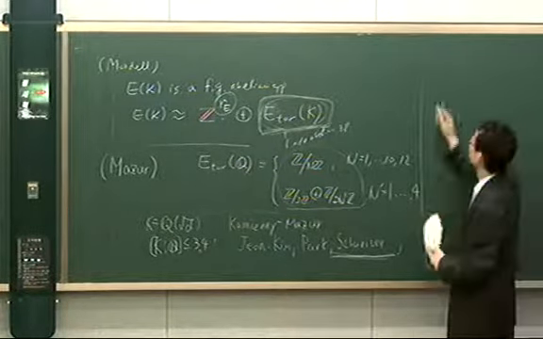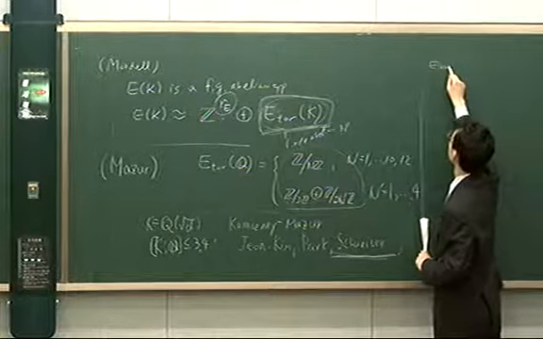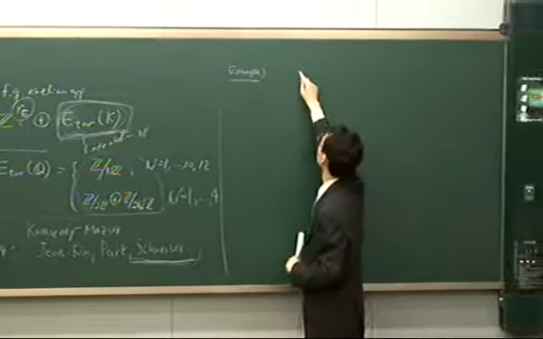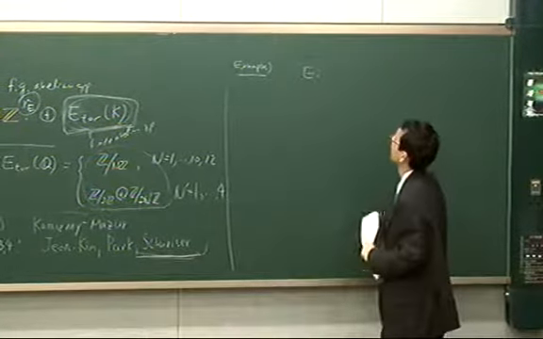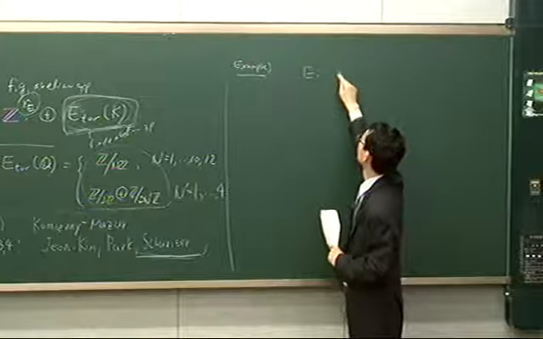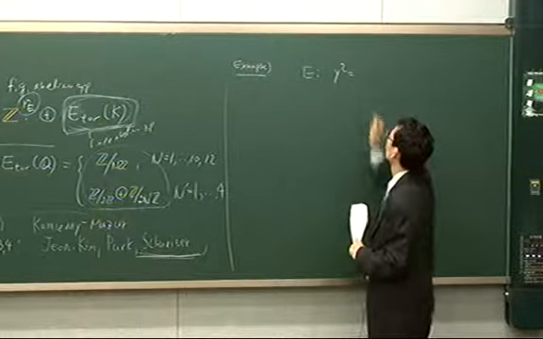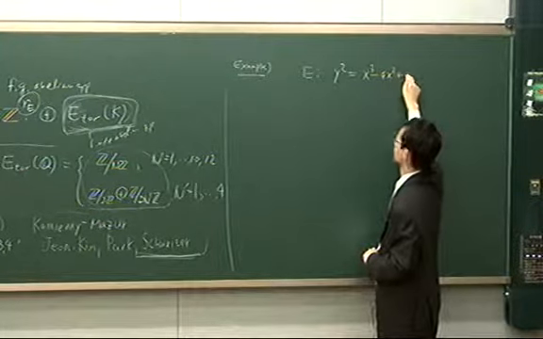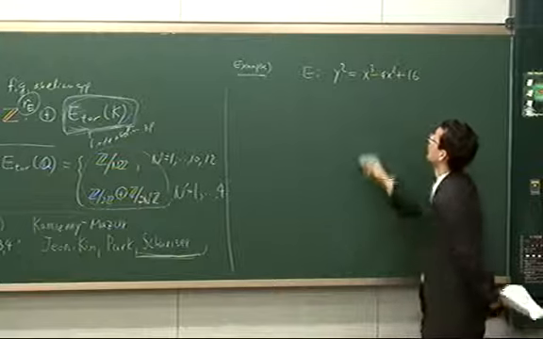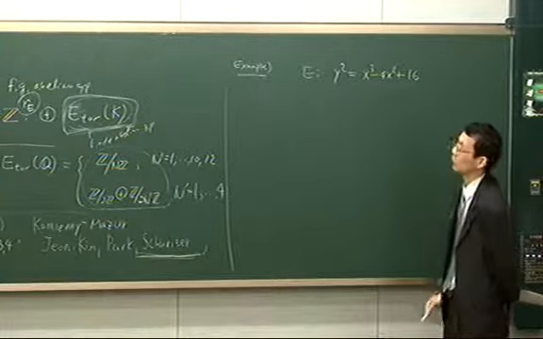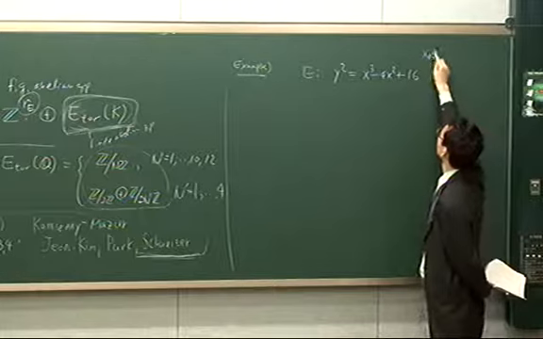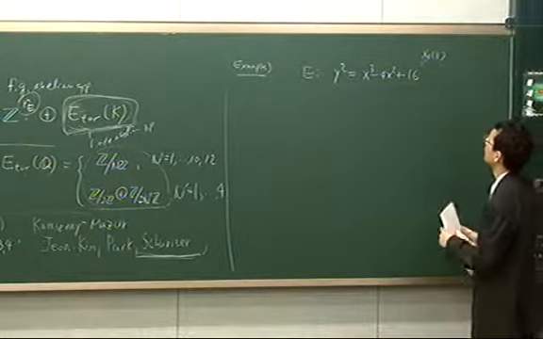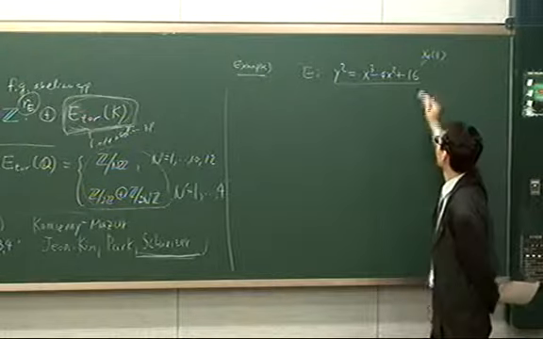So let me give an example. Now, let E denote the elliptic curve defined by the cubic equation y squared equals x cubed minus 4x squared plus 16. In fact, this elliptic curve is equal to the modular curve X1(11), and has a very nice structure.